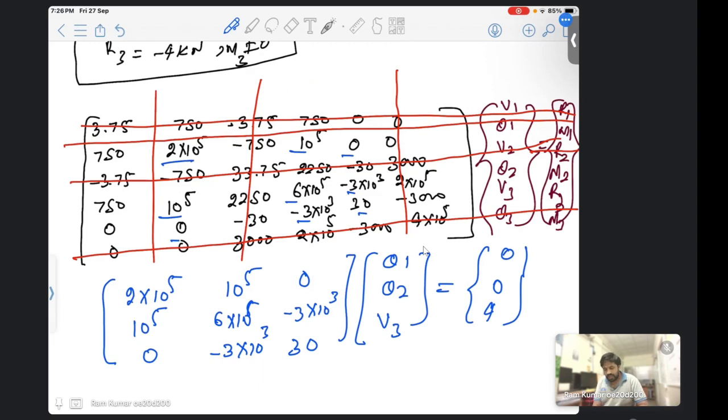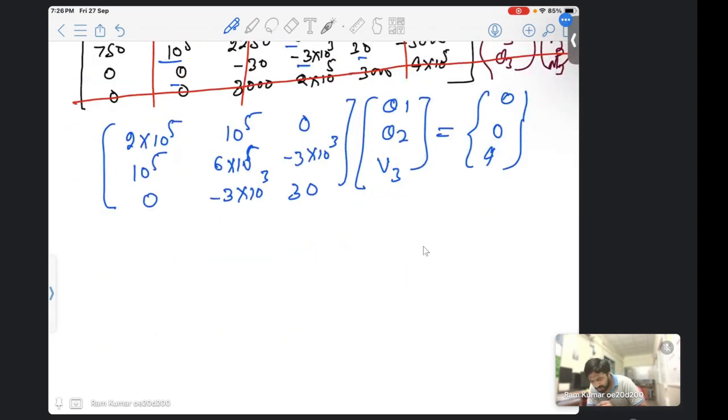So now, by writing the equations from our matrix, what will be theta 1? No need to write this one. So 2 10 power 5 theta 1 plus 10 power 5 theta 2 equal to 0, equation 1.